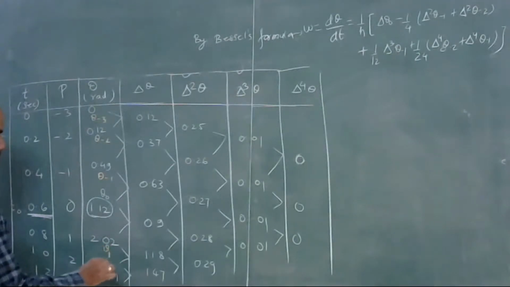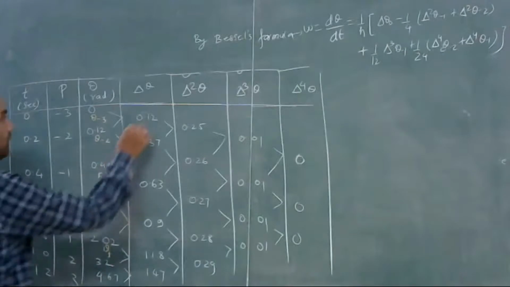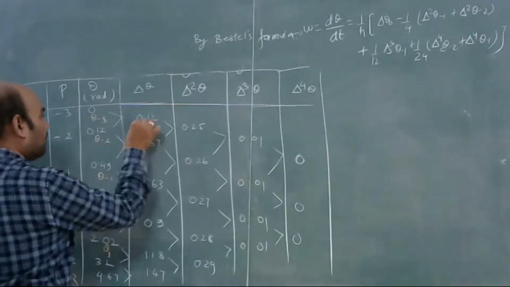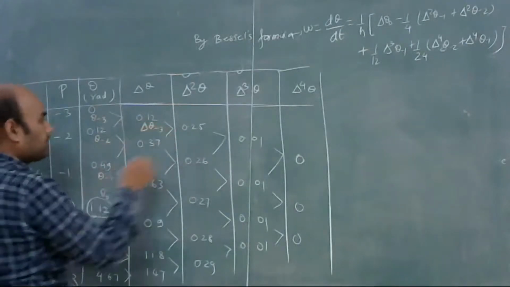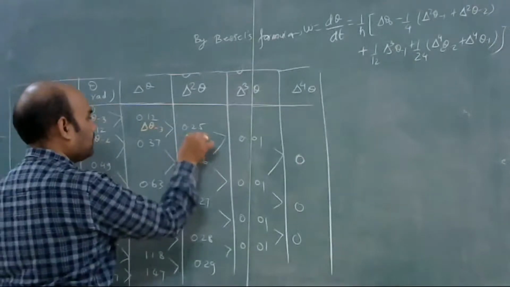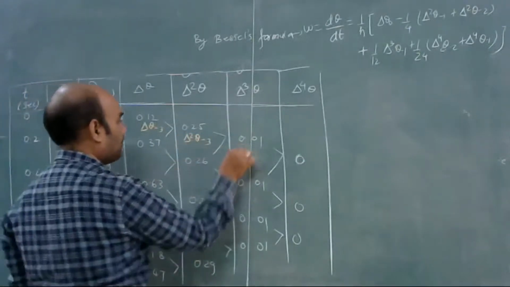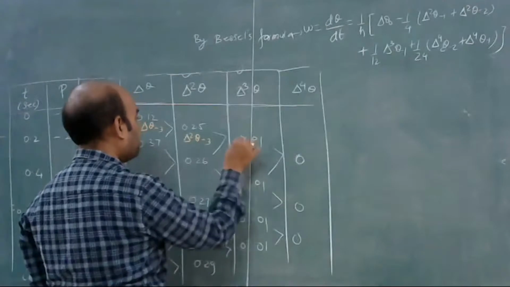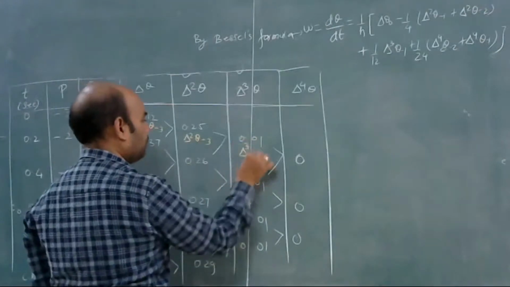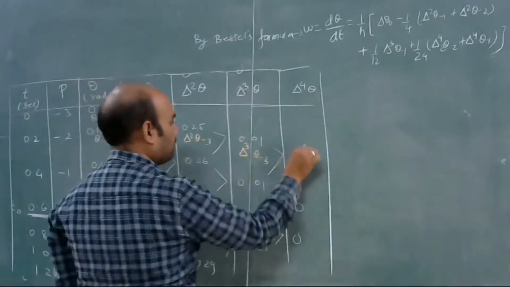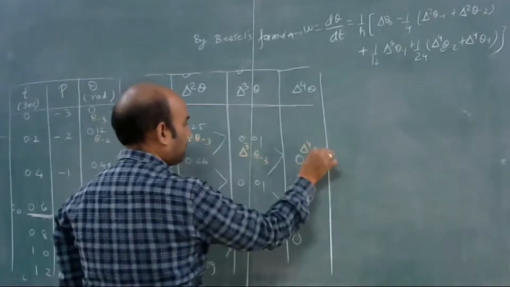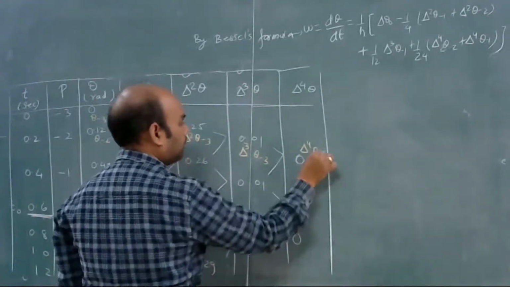1, 2 and 3. So this will be correspondingly del theta minus 3, this will be del square theta minus 3, del cube theta minus 3, del to the power 4 theta minus 3.